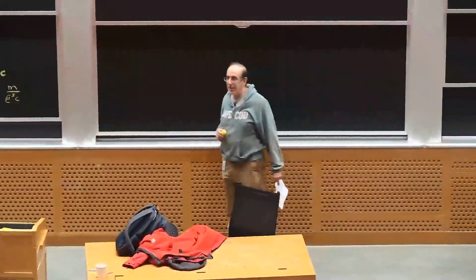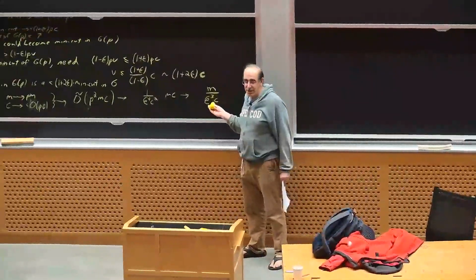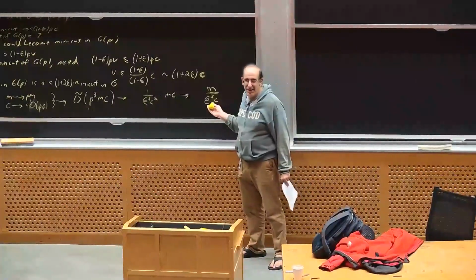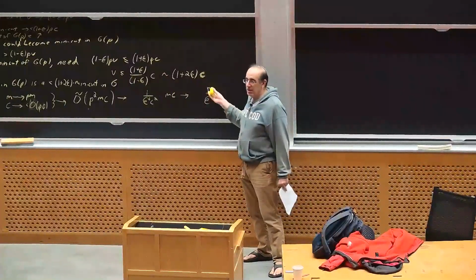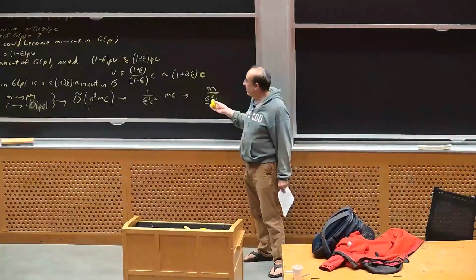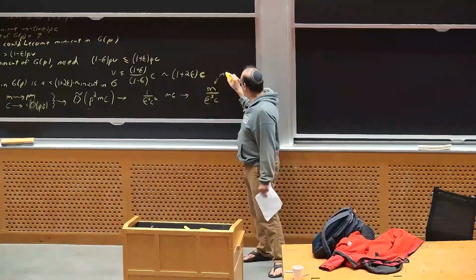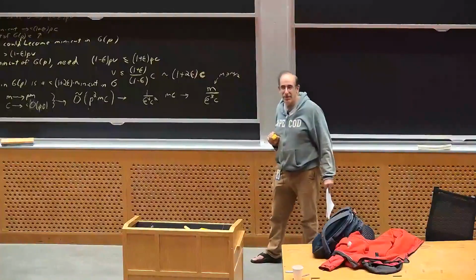Okay. So this runtime looks a little bit weird because it's actually getting faster the bigger your minimum cut is, right? On the other hand, we know that there's a relationship between m and c, right? In order to make the minimum cut large, you're going to have to make m large as well, right? We argued that m was bigger than nc over 2, right?